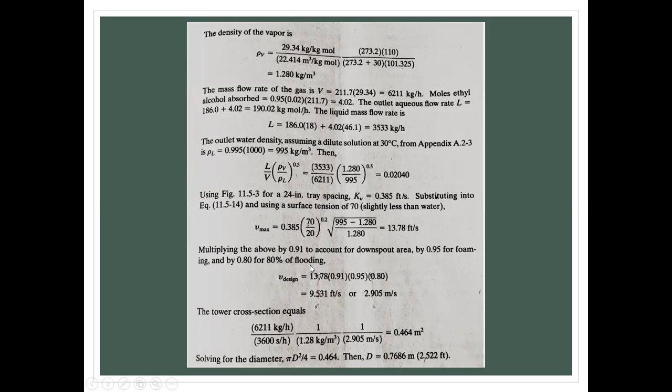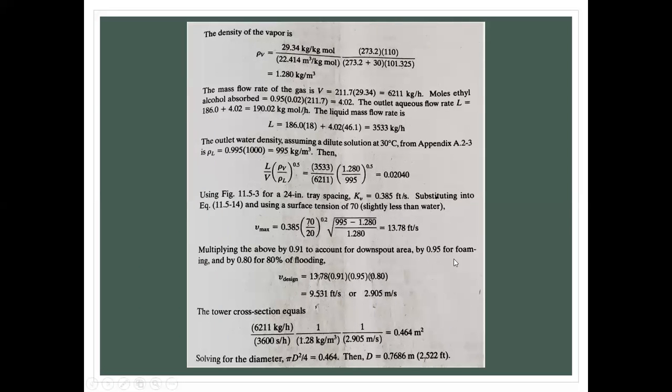So take note, if in the absorption column, and we are going to design a packed absorption column, as suggested in the problem, it's only 50% of the flooding condition that we are using. Now, in the case of the tray column, you're using 80% of flooding. So you multiply 0.91, 0.95, and 0.8.